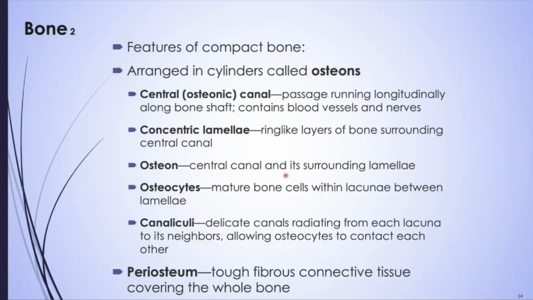So put it together. Then you have, of course, your cytes. The cytes are the cells themselves. Osteocytes are mature bone cells that are located in the lacunae between the lamellae. Don't you love these words? If you recall from our cartilage, the lacunae is that cavern in which you're going to find the cells.